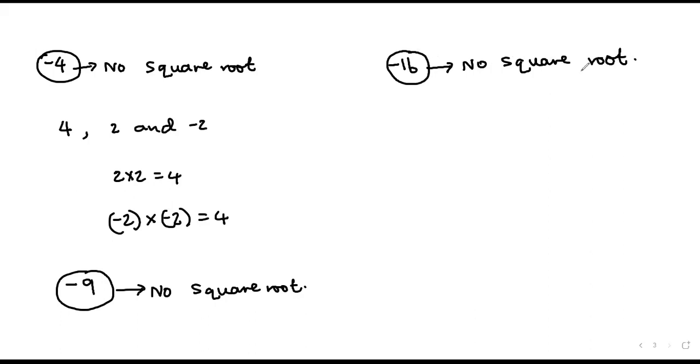So do you think that we can get the square root of any negative number? If we have any negative number, can we have its square root? So from what we are seeing, for sure, there is no number that we can multiply by itself to get a negative number.